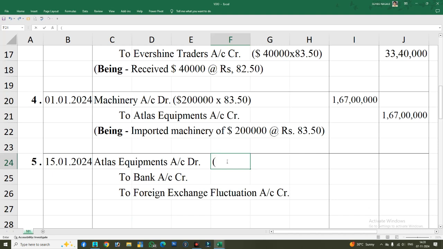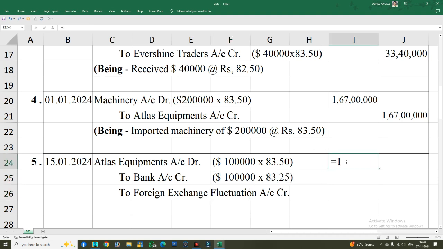For our reference, record in brackets $1 lakh into 83.50, the base rate, and to bank account credit $1 lakh into 83.25, the current rate.